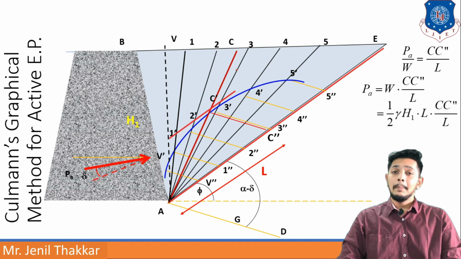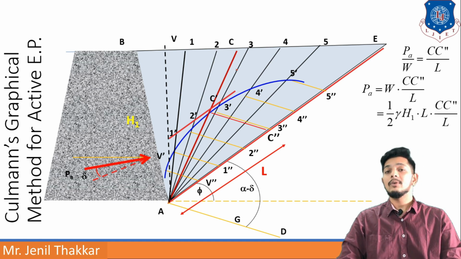Now W can be written as 1/2 gamma H1 into L. Right? What is this W? W is nothing but the weight of the retaining wall, and weight here means the area of the graph.